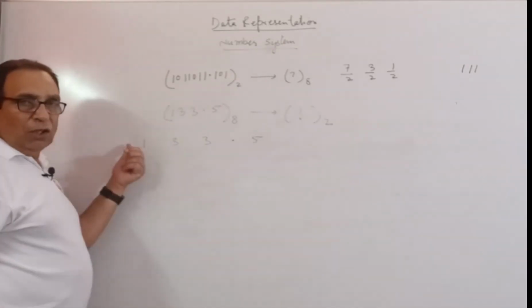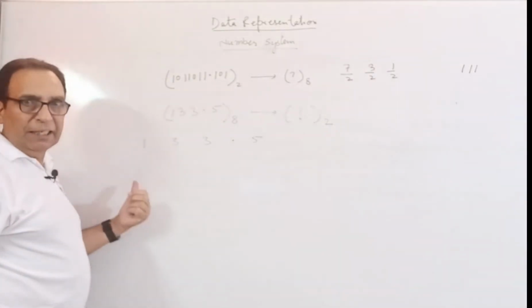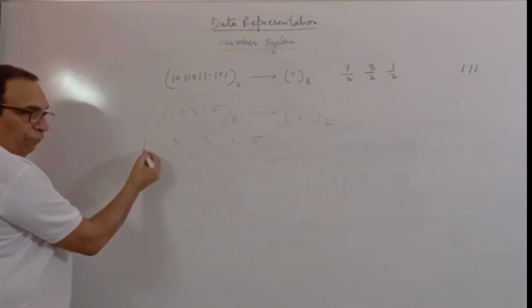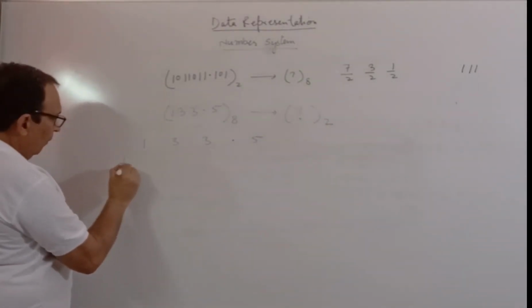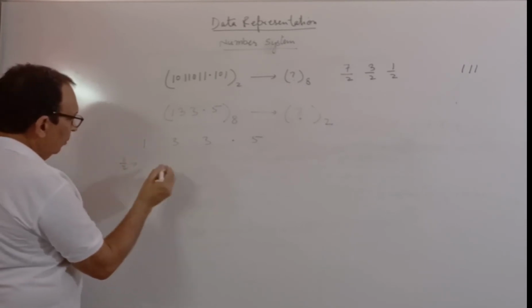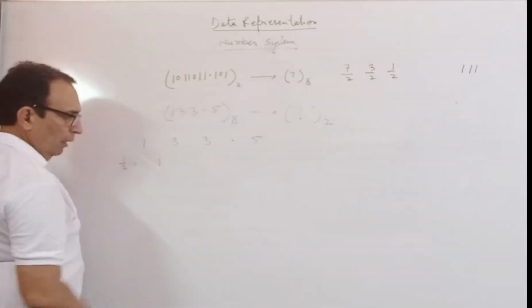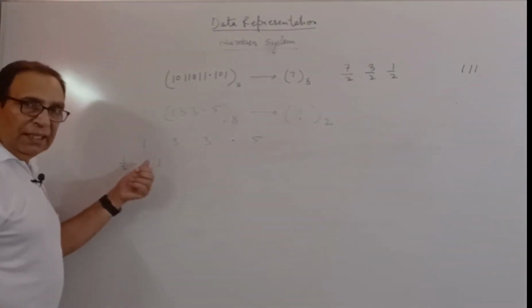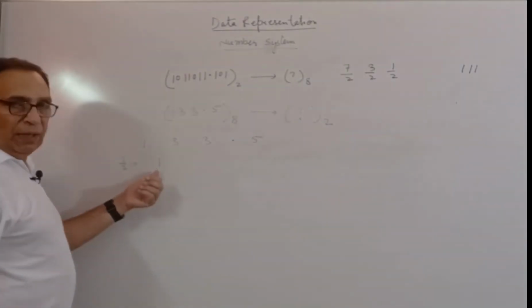Convert each octal bit into its equivalent binary bits. So 1, if you divide by 2, it cannot be divided. So quotient is 0 and remainder is 1. So it means binary equivalent of octal 1 is 1 itself.